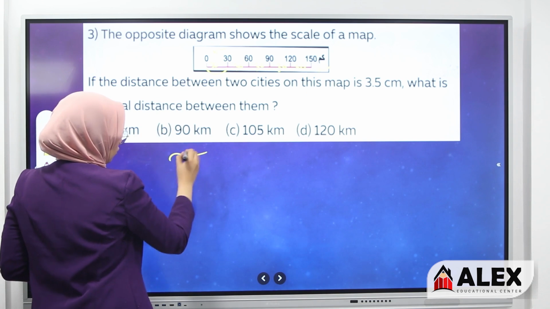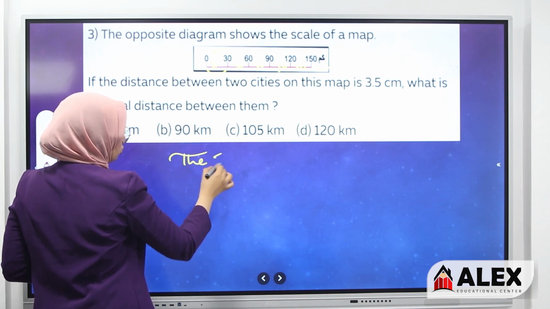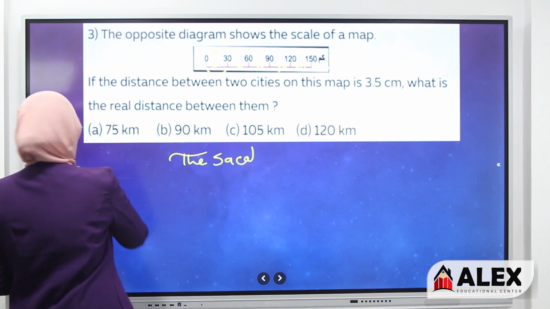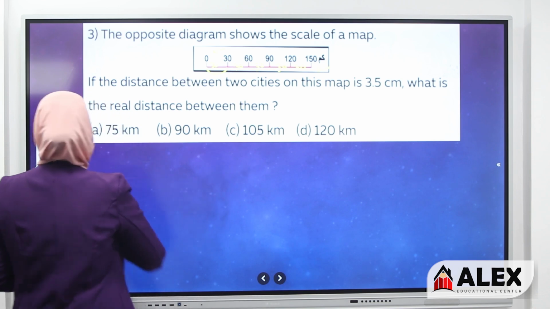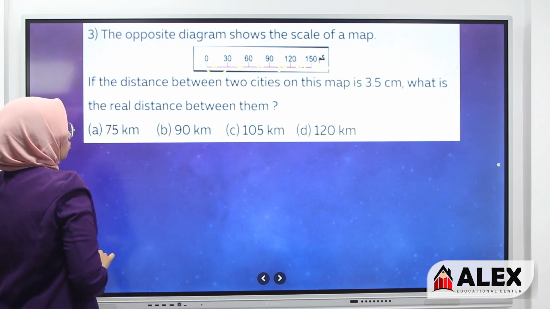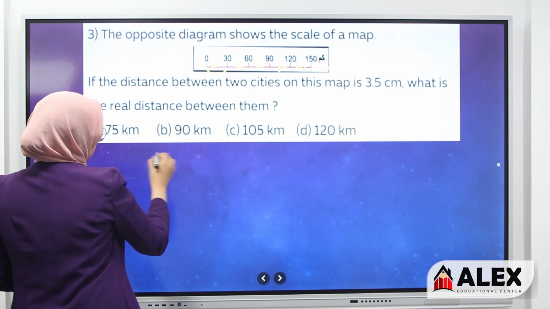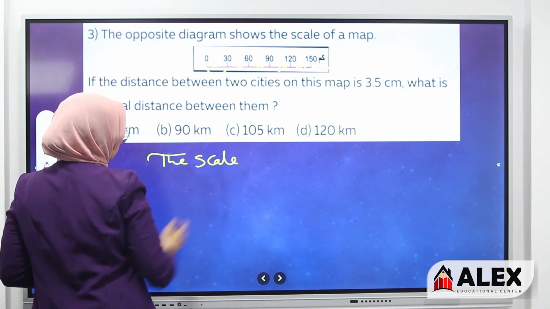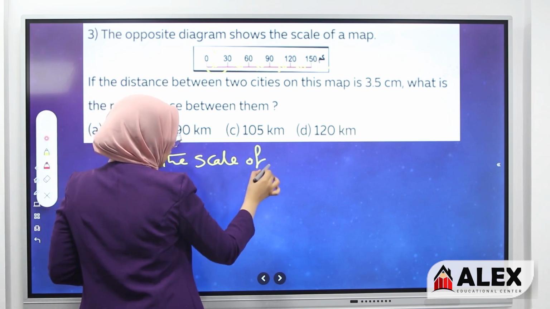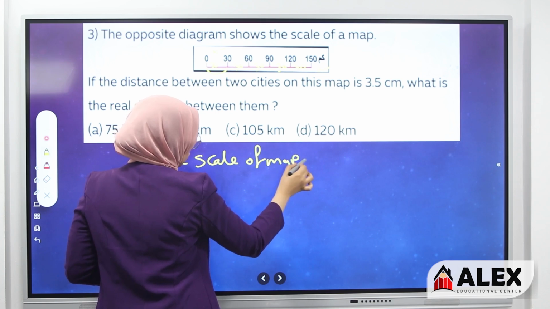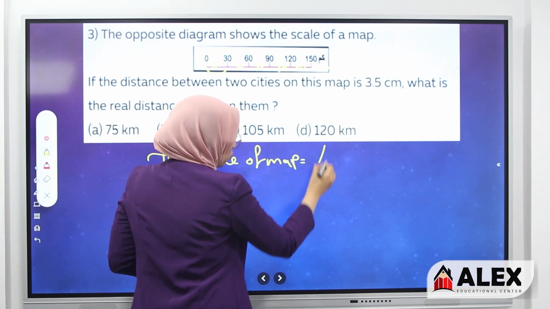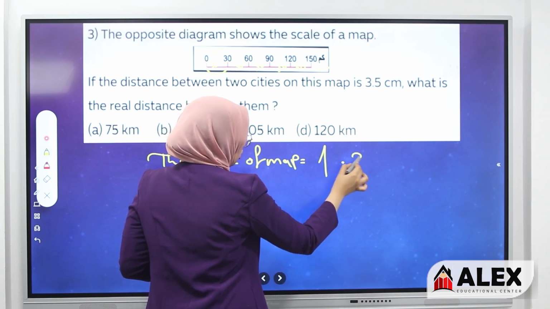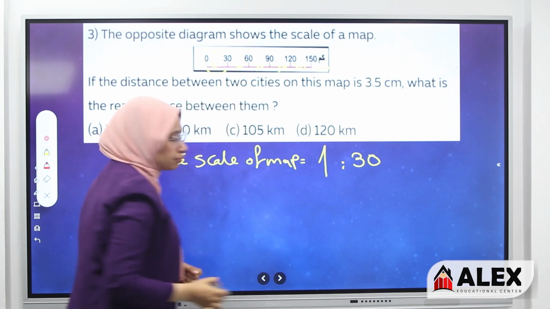Then the scale of the map equals what? For 1 centimeter we have what? 30 kilometers in reality.